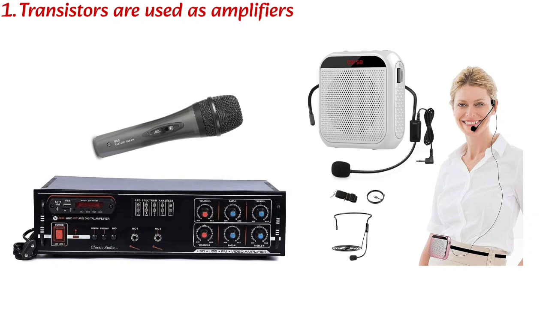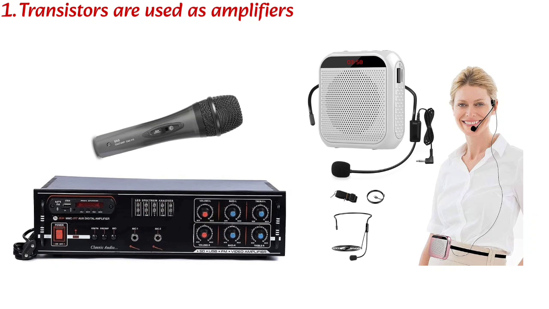When you speak using the microphone, obviously your sound becomes very loud. What is the reason behind that? When you speak into the mic, the signals enter the microphone circuit. Inside the mic, the transistors increase the strength of the signal.